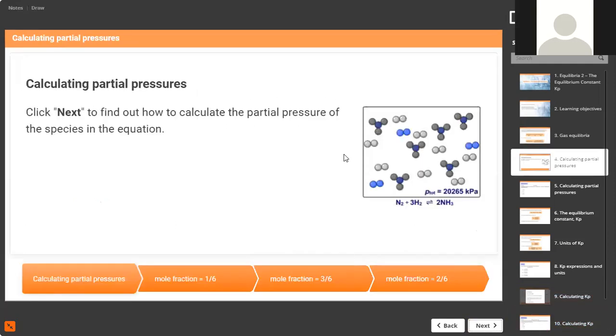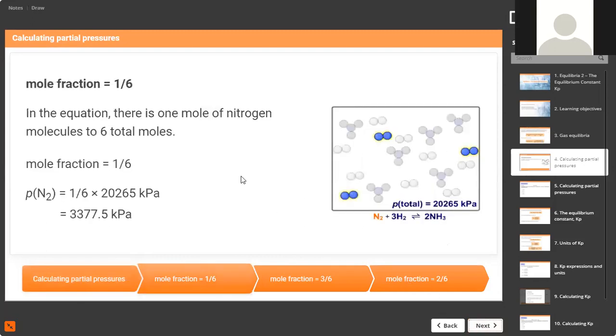So we're going to work through calculating partial pressure, and I think we're going to do it for this equation to the right. So our total pressure is 20,265 kilopascals, and our equation is nitrogen plus 3H2 goes to 2NH3. So let's calculate our partial pressure first.